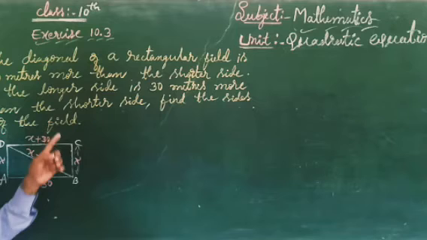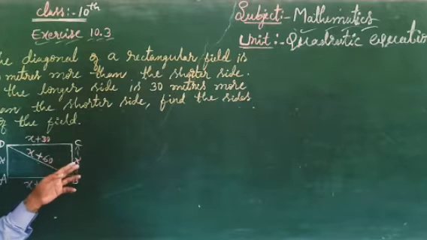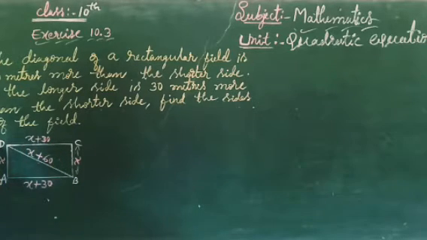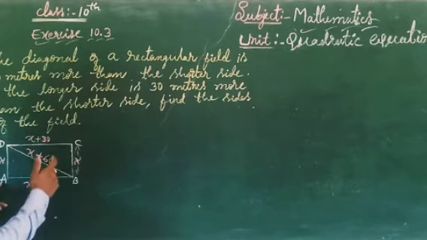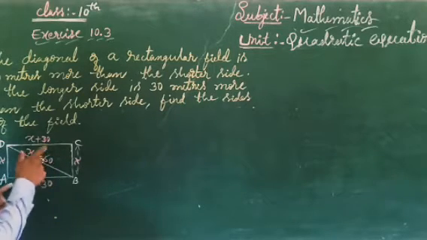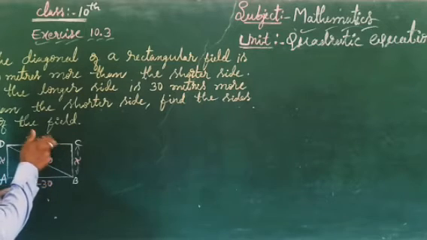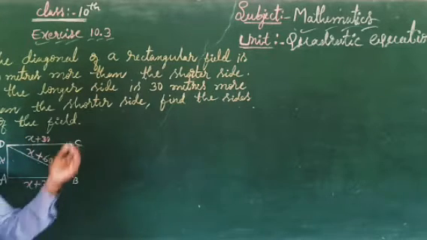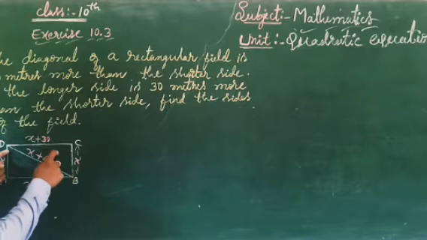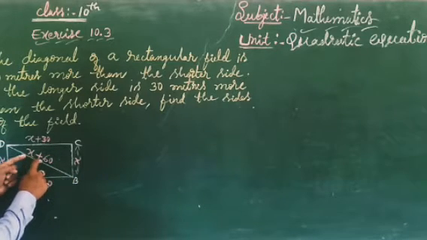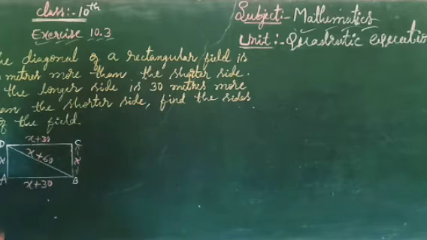So let the smaller side be x, BC equals AD equals x, and the larger side will be x plus 30, and DC also x plus 30 according to the question. The diagonal is equal to x plus 60, as the condition is given.